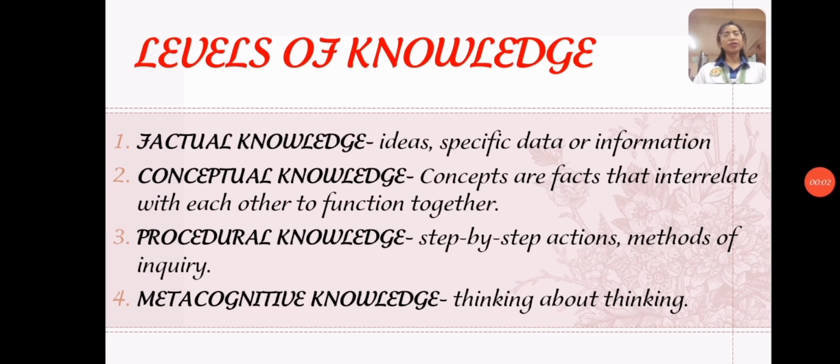Now we move on to the levels of knowledge. Another revision is the expansion of the concept of knowledge, which was not given emphasis nor discussed thoroughly before. Here are the levels of knowledge. First, here is the factual knowledge. The factual knowledge are the ideas, specific data, or information.